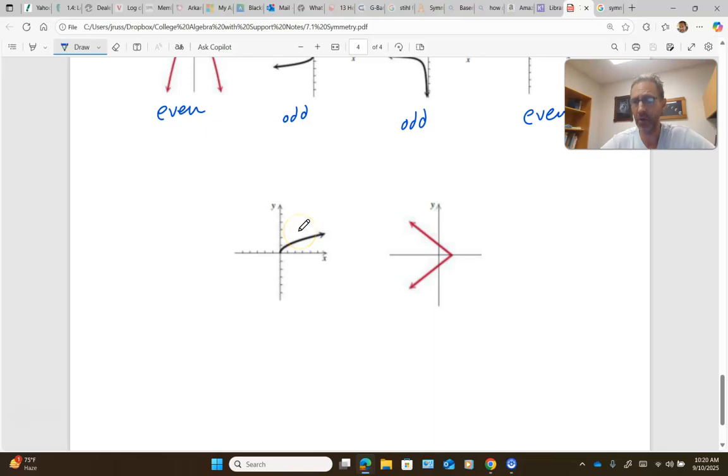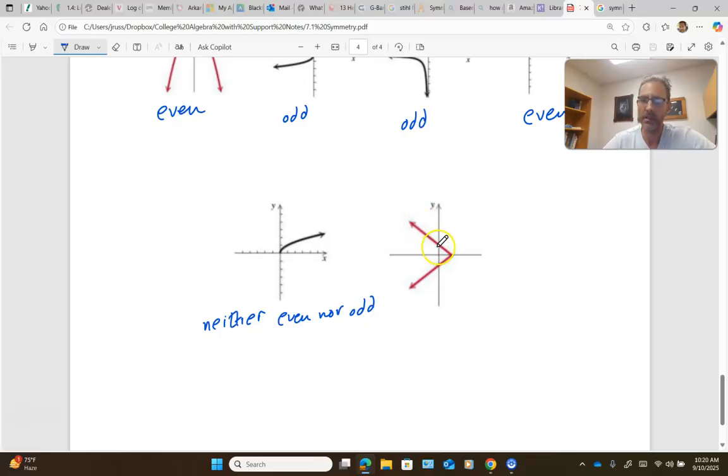Anytime a function only exists in one quadrant, it's not going to have any type of symmetry. So here we would actually say that this one is neither. Okay, it is a function, of course, but it's neither even nor odd. That's the way you would express it. Okay, neither even nor odd.